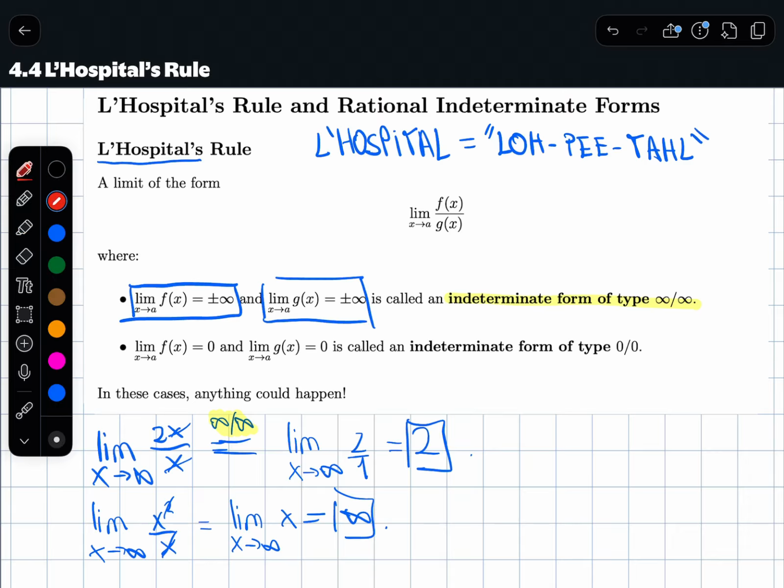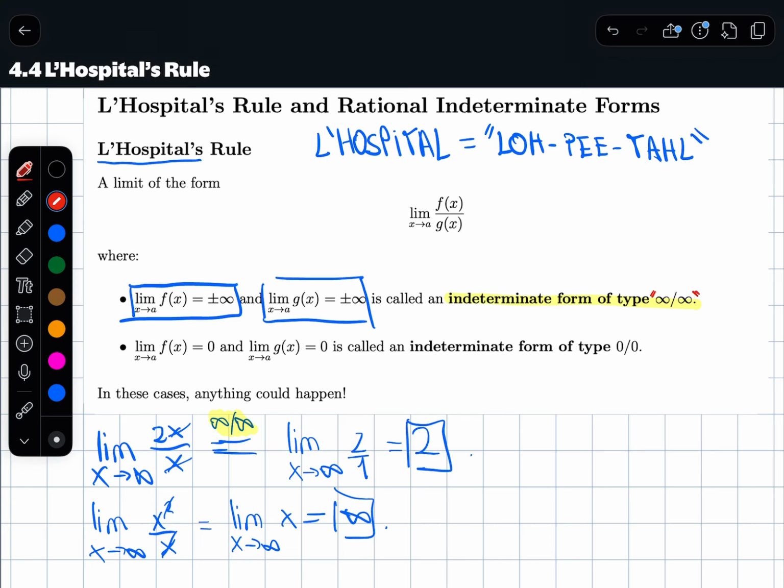Now, I, in particular, like to sometimes, not all the time, use quotations around the infinities here to really represent to the person who's reading that I know that I'm not dividing infinity by infinity, and that I know that this is not equal to 1. I know I can't just divide the two.